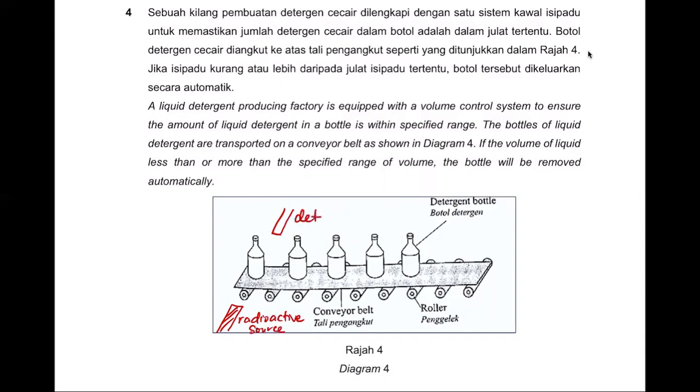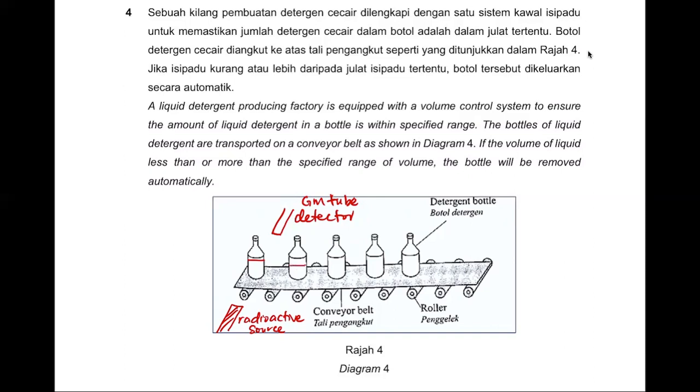This is the detector, GM tube detector. So they should be placed opposite each other. So when the bottles pass through in between the radioactive source and the GM tube detector, it will be able to detect whether the level is more than or less than the specified range of volume.